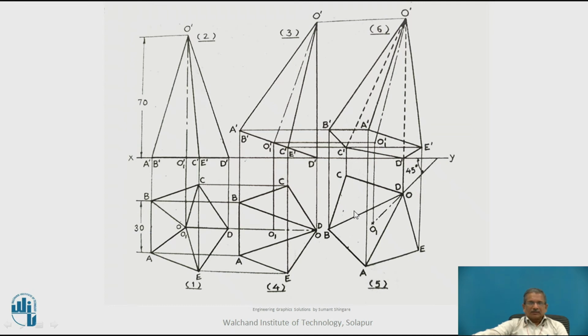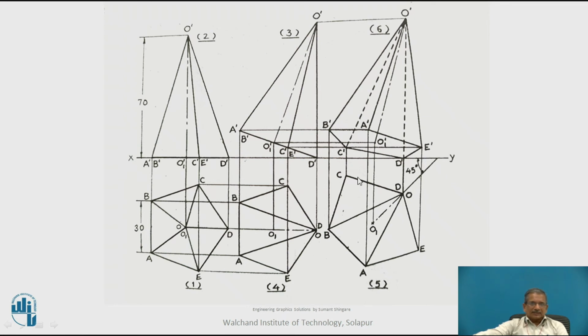So now if you observe, we have projected upwards and we have joined A, B, C. Now see, this total base is visible because the observer is here. This total base will be visible. Only the lines which we are joining with the apex will be dotted. Some of the lines will be dotted.